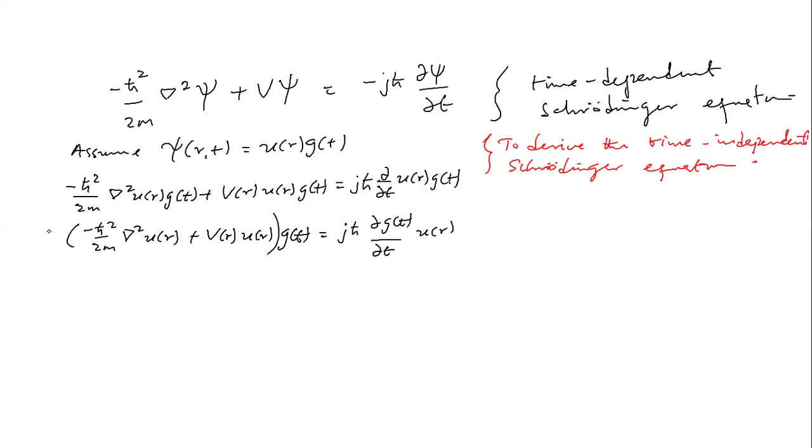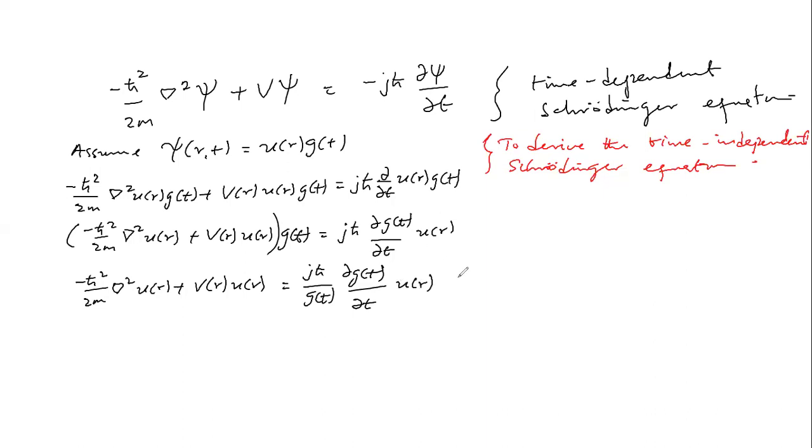So, we can now rearrange this. We say, well, negative h cross squared over 2m nabla squared u(r) plus v(r) u(r) is the same as j h cross over g(t), because we just move this, more like collecting like terms, the d/dt of g(t) u(r), okay?